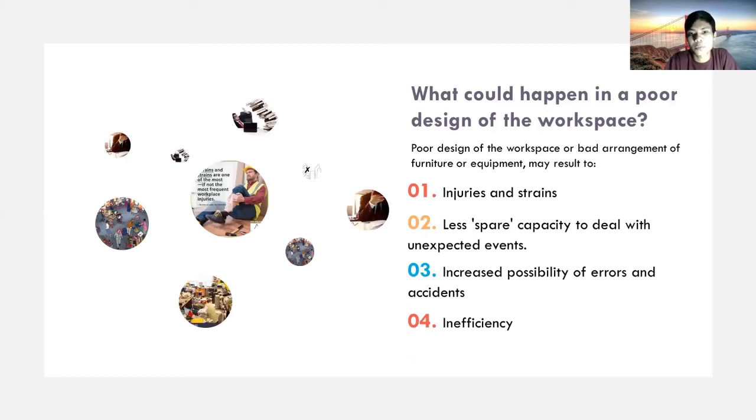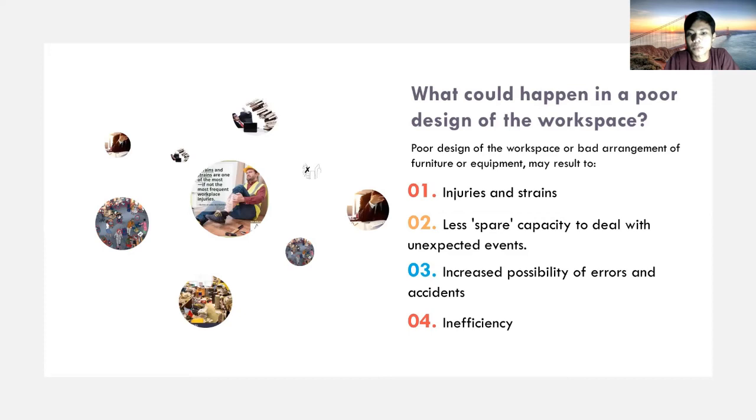In a workspace without enough space for workers to move freely and safely, when you're lifting heavy equipment and moving certain materials from one place to another, if you need to avoid any kind of obstacle while carrying it, you might lose your balance and fall, and it could lead to injuries and strains.